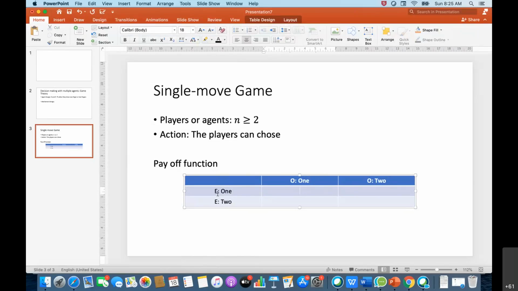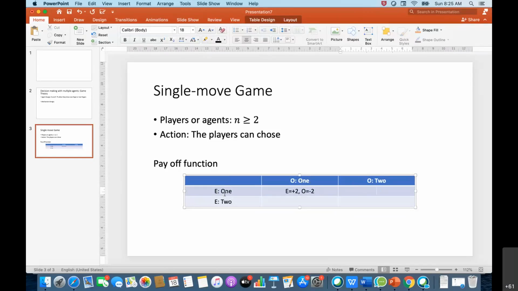Now, what if E chooses one and O also chooses one? Then E is going to gain +2, whereas O is going to lose 2. This is the strategy and this is the payoff function.